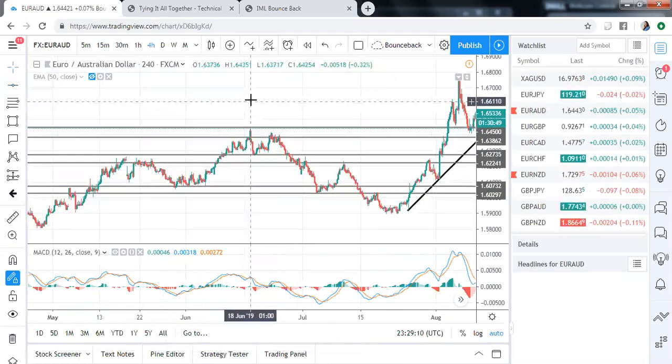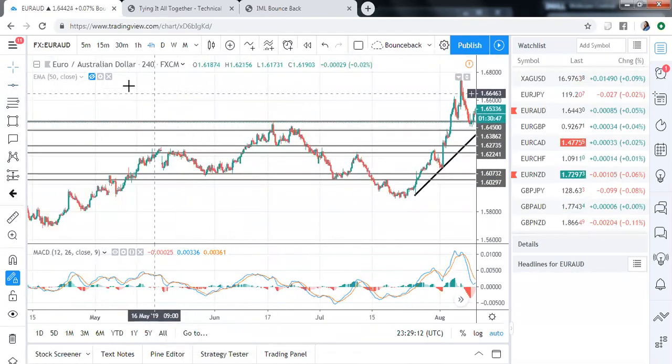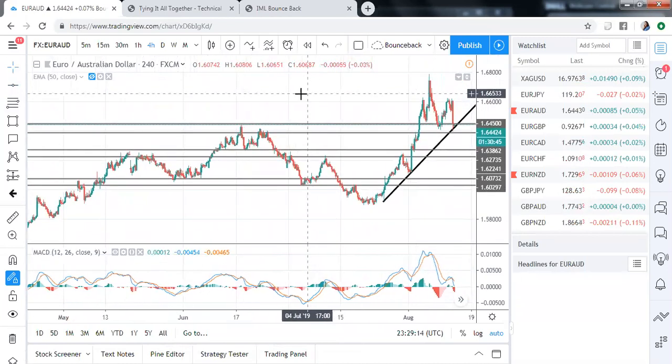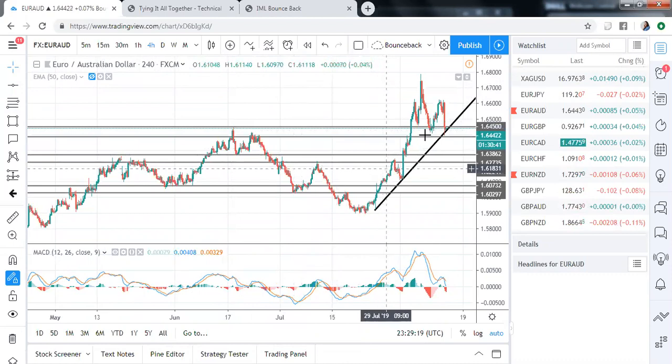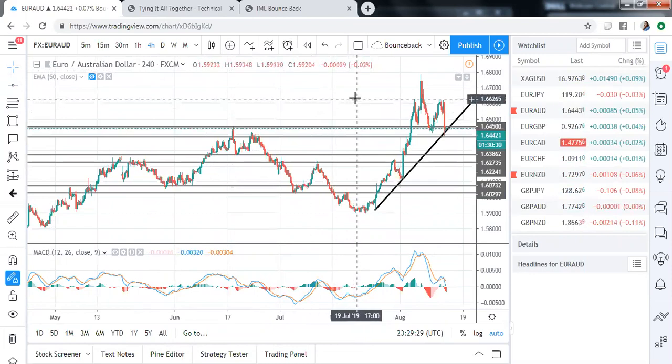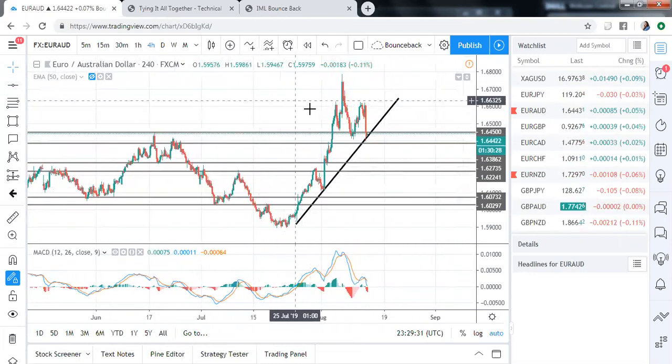All you're doing is creating areas. You don't need to be perfect. This is to help you. So these are the three areas that I would have identified as support areas for this setup on the H4 time frame.